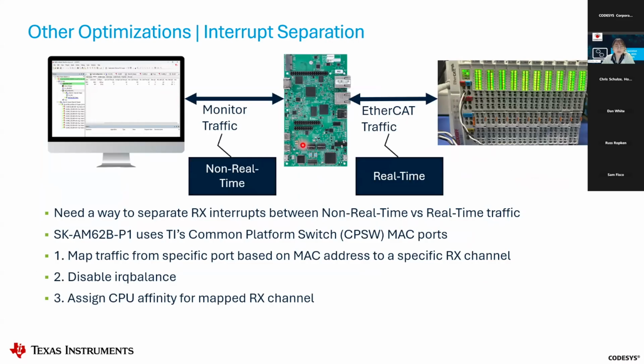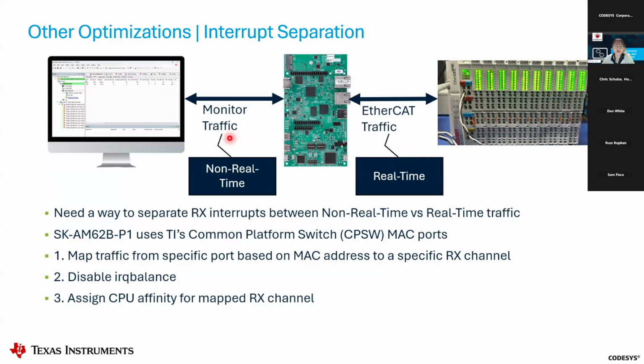Although those were some techniques that can be used to tune a real-time system, there are other promising optimization techniques, such as Ethernet interrupt separation. Due to the nature of the network setup, there are essentially two different Ethernet traffics going through the system.